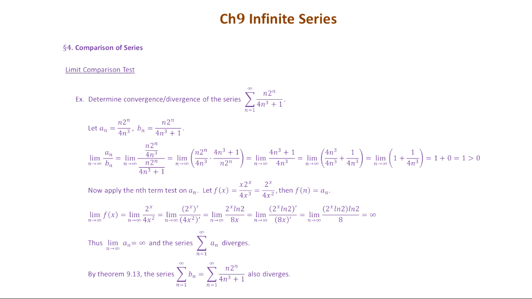We have a problem of the series of n times 2 to the n over 4n cubed plus 1. So we're going to use the limit comparison test to see whether it converges or diverges. Again, we're going to drop the 1 in the denominator to make the reference series n times 2 to the n over 4n cubed, and we call it a_n, and we call the original series in the problem b_n.